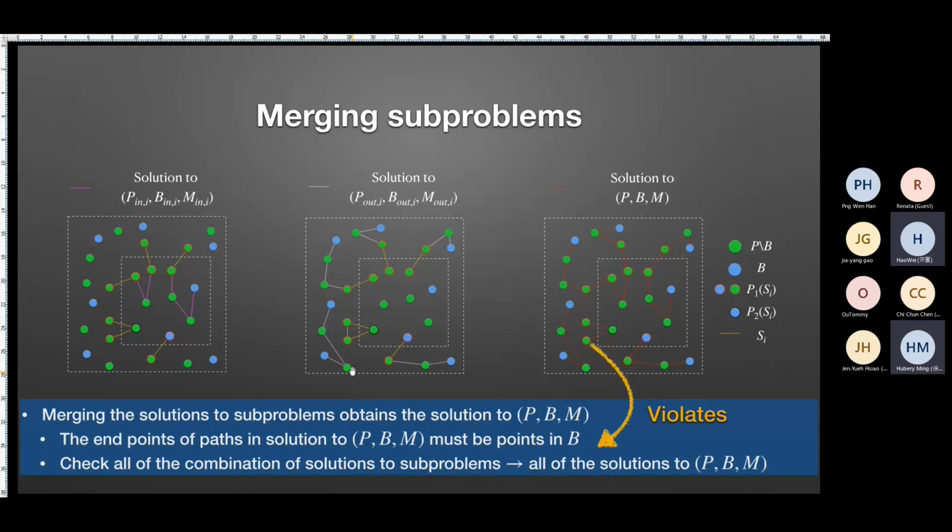If we consider such a solution, this is a valid solution to the subproblem outside of the separator. However, the union of these two solutions cannot obtain the solution to the larger problem, because it violates this property.